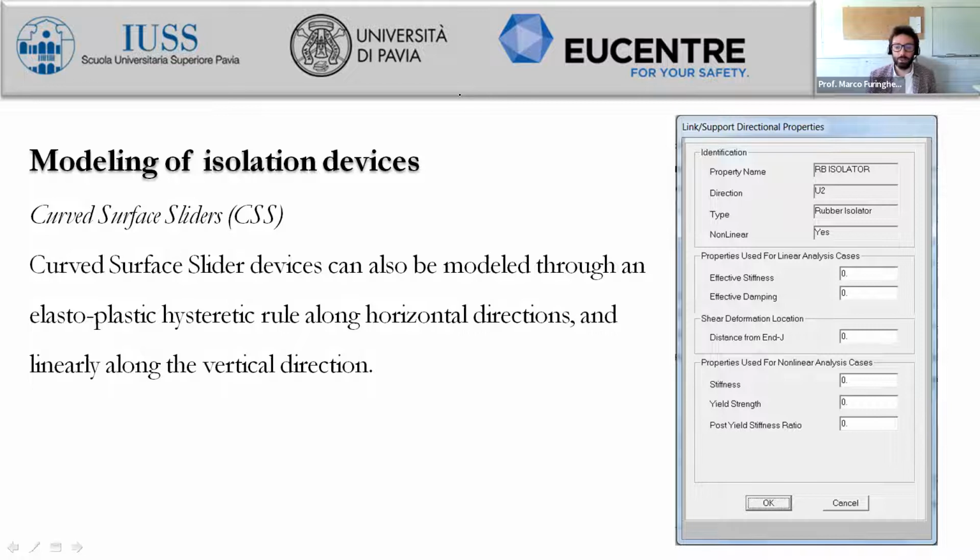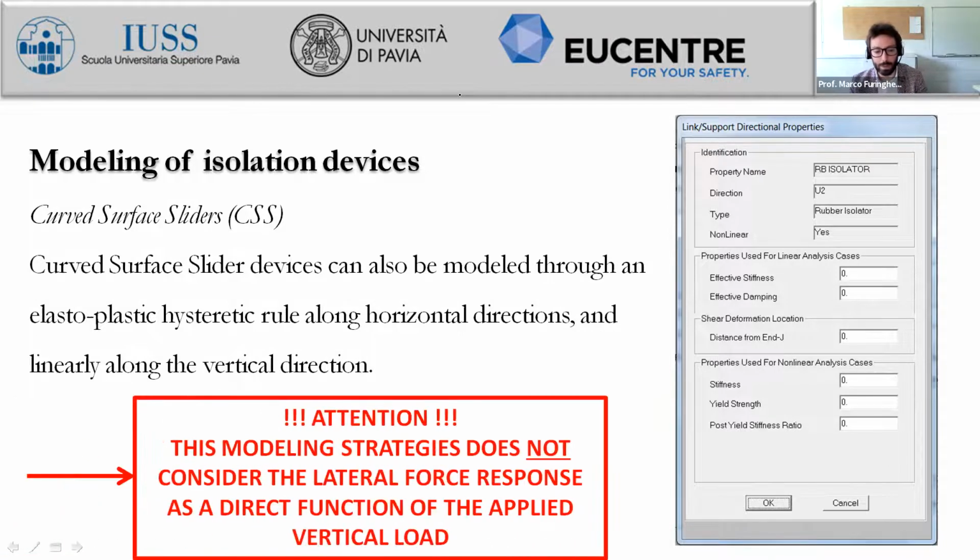So you can exactly define the same theoretical hysteretic loop, but you have to keep in mind that these modeling strategies do not account for the dependency of the lateral response with respect to the applied vertical load.